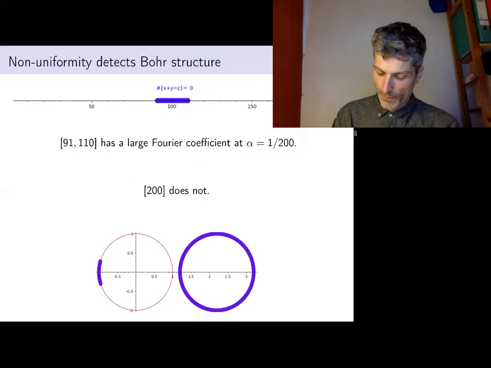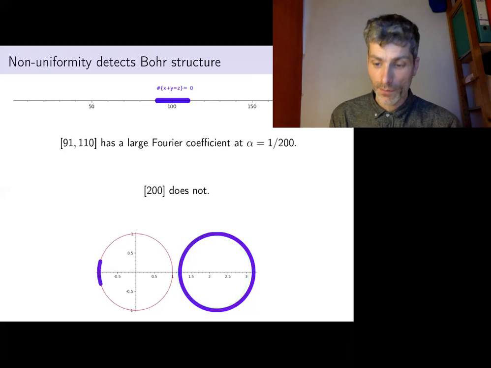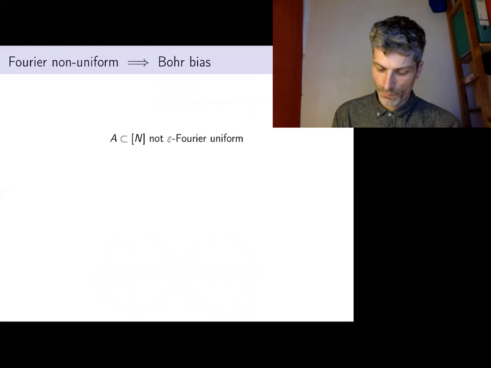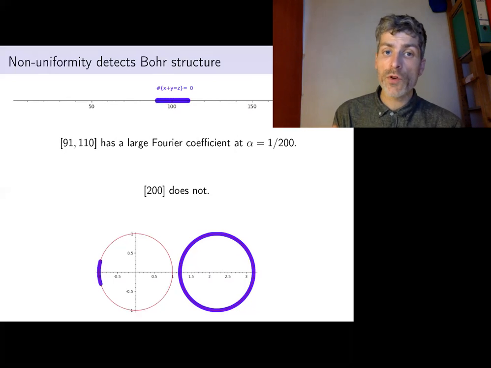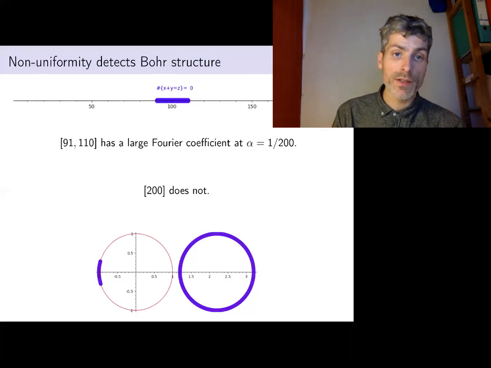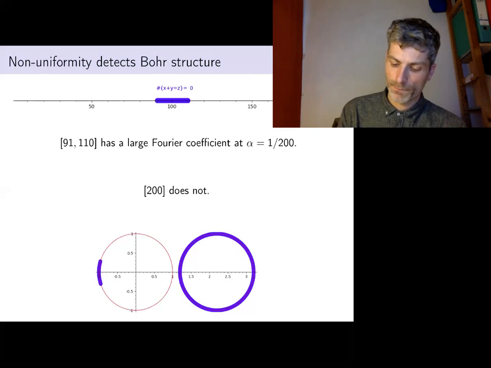At that frequency, you get all the points pointing in the same direction, whereas for the full interval, it all spreads nicely around the unit circle. Okay, so we can account for the Bohr structure in our previous examples using this Fourier uniformity test.